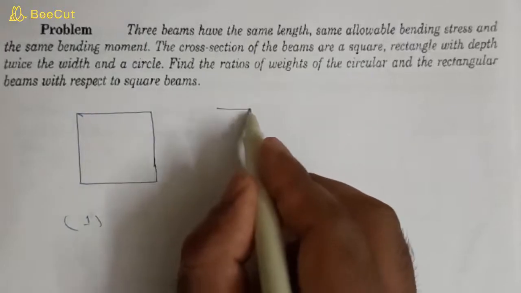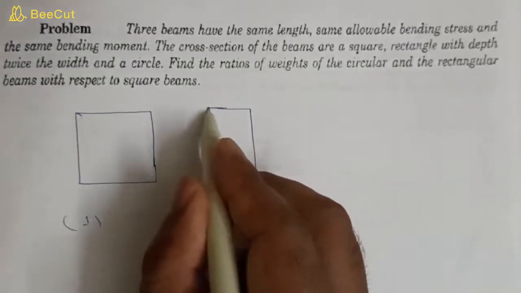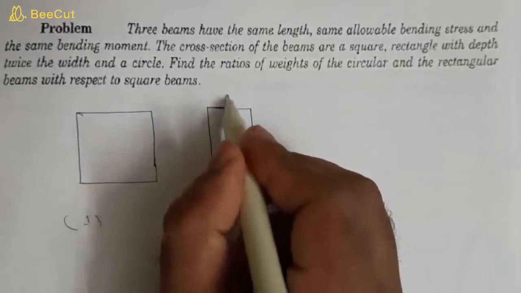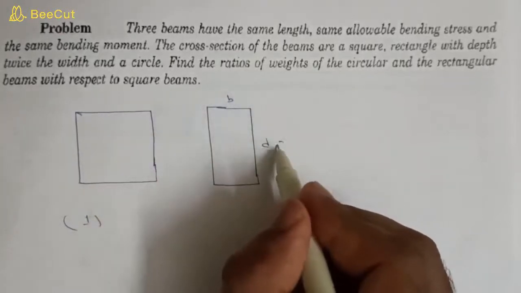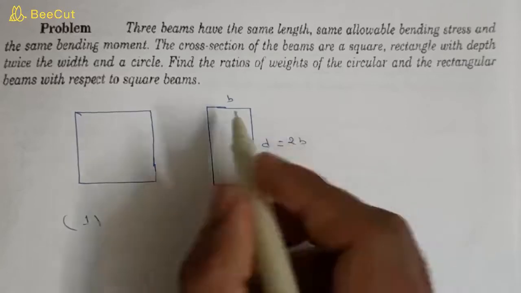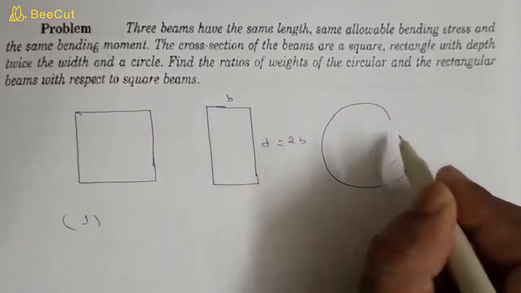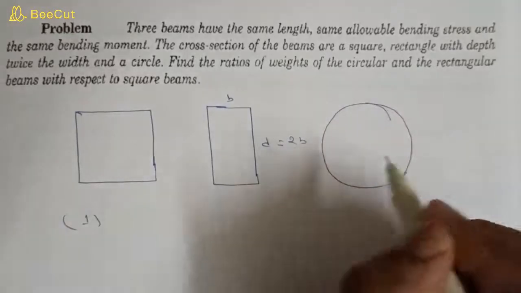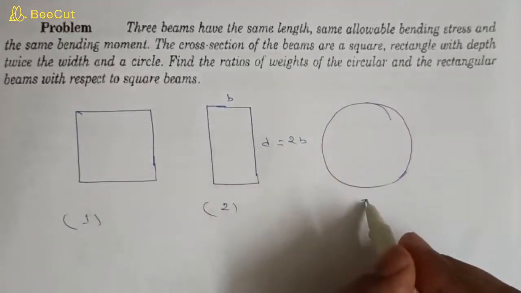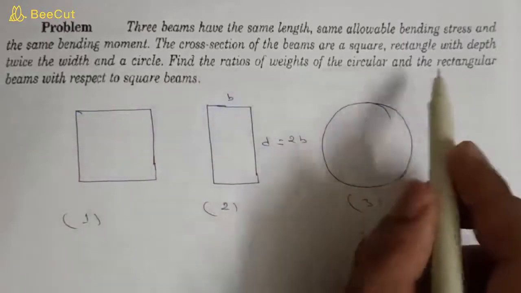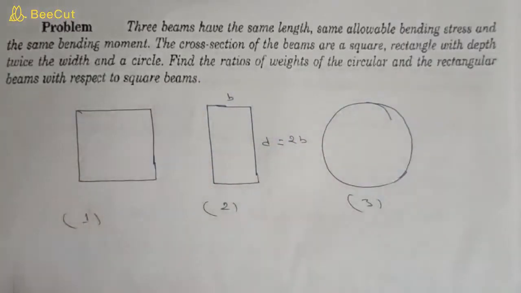So let's draw a rectangle. This width is b and depth is d, so we have d equal to 2b. Okay, and a circle. Find the ratio of weights of circular and the rectangular beams with respect to square beams.